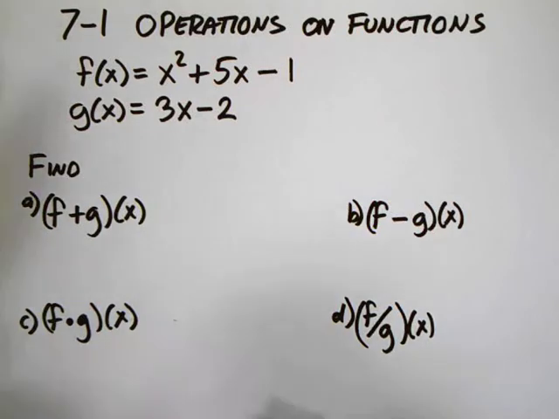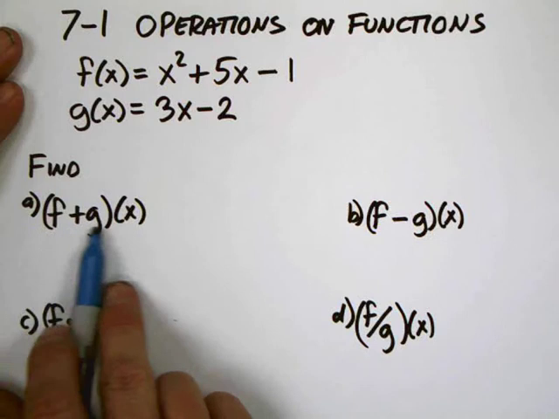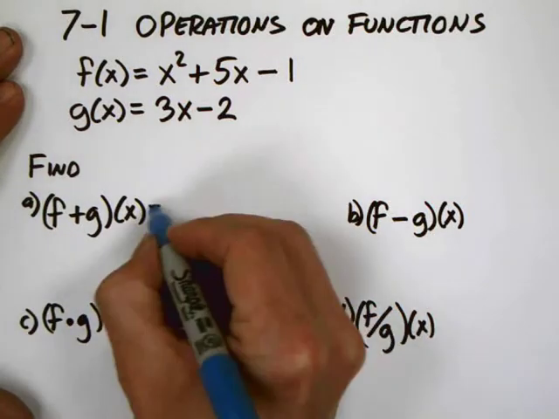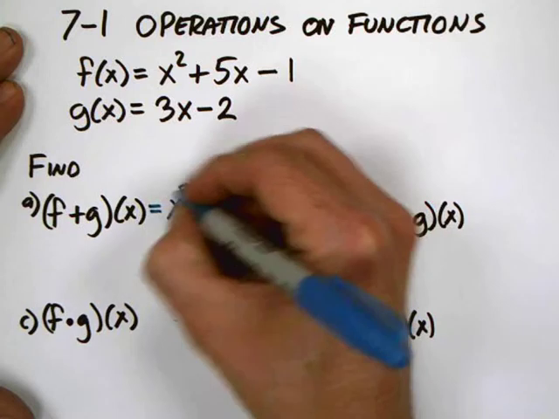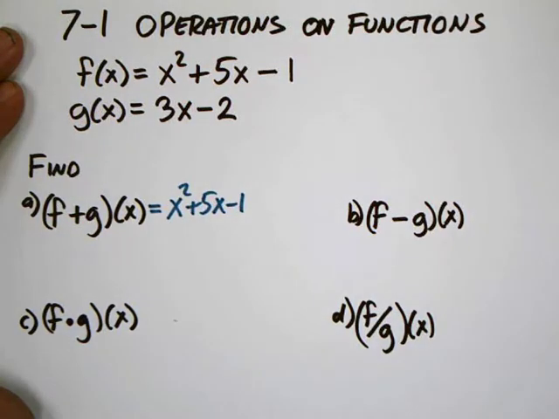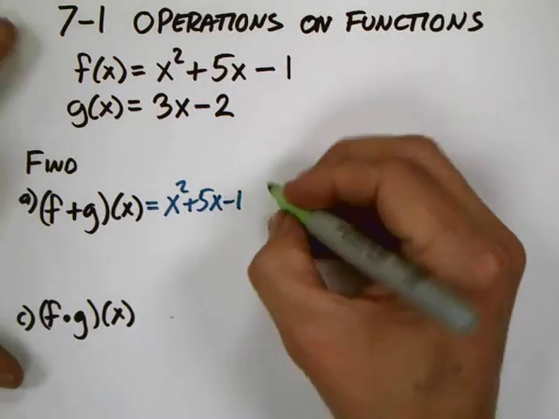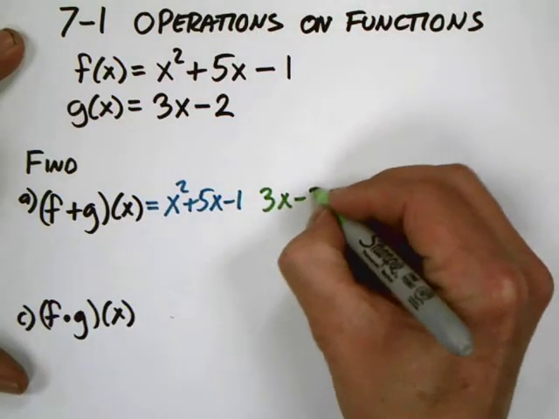It's pretty simple. If I'm going to add the first function to the second function, this is the format that it looks like. And it implies that I'm going to take the f function, which is x squared plus 5x minus 1, and I'm going to add to it the g function, which is 3x minus 2.